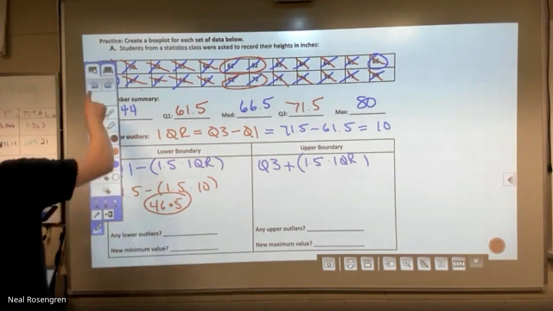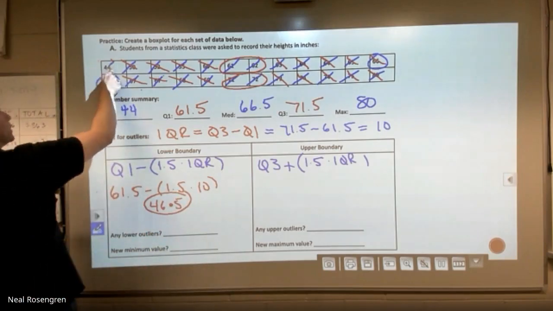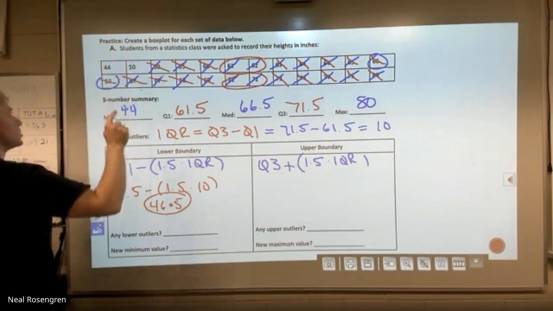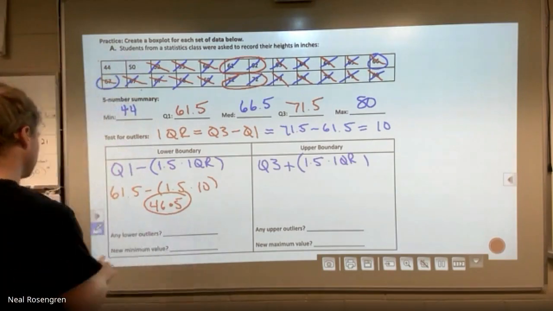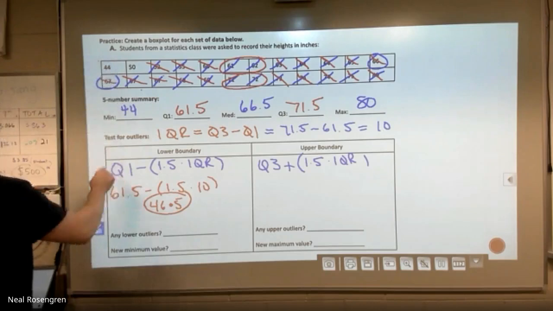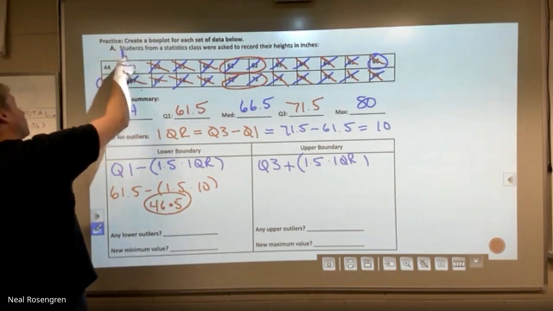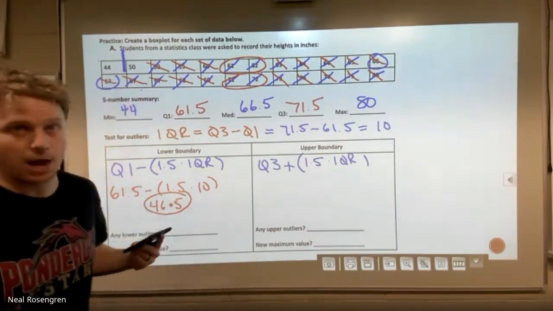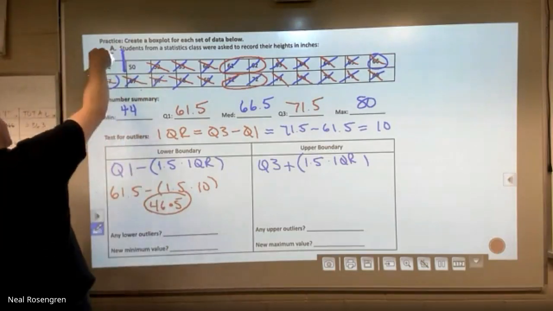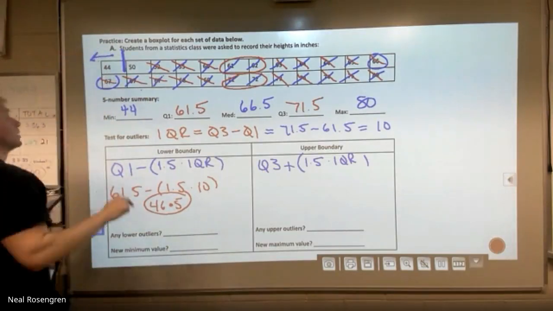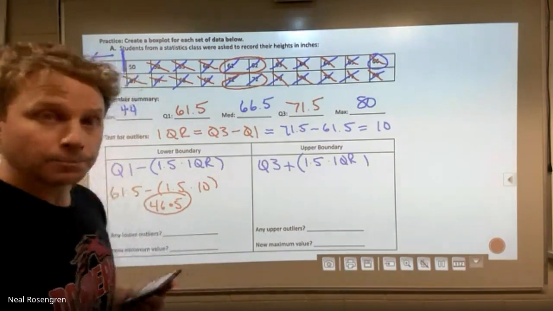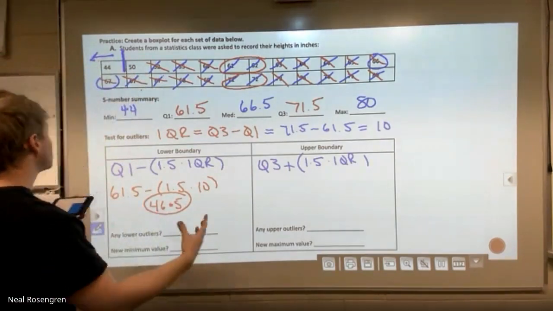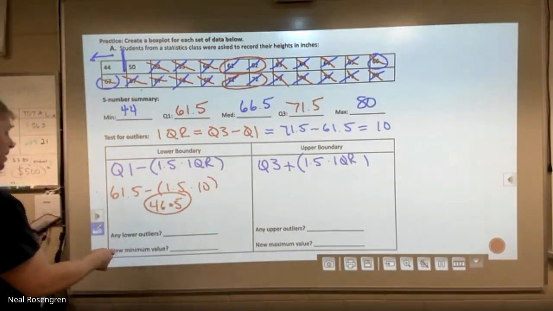Now, just so I can see it, I like to kind of keep an eye on where that boundary starts and ends, and it looks like we've got one, right? It looks like we've got 44 is less than that. I'm looking for numbers that fall left of that IQR times 1.5, right? That space that's below there. So do I have any lower outliers?